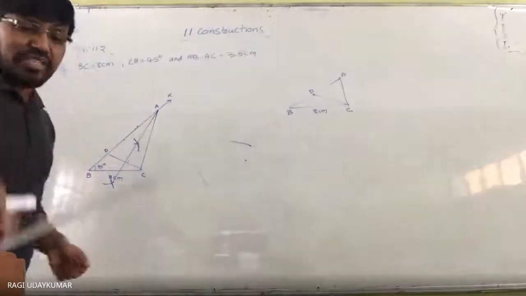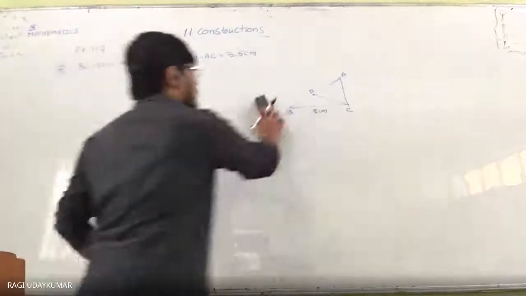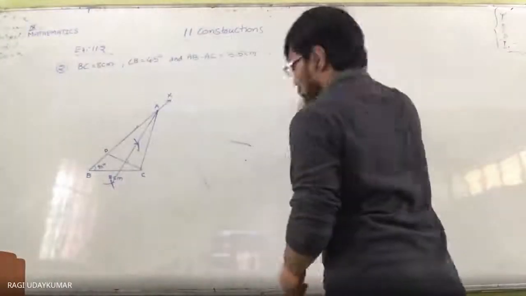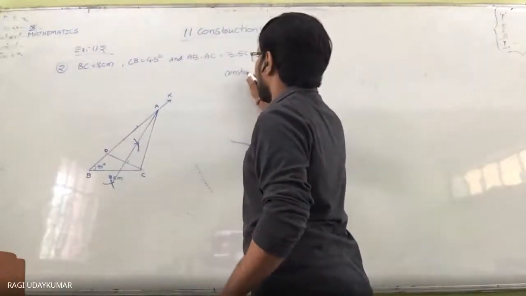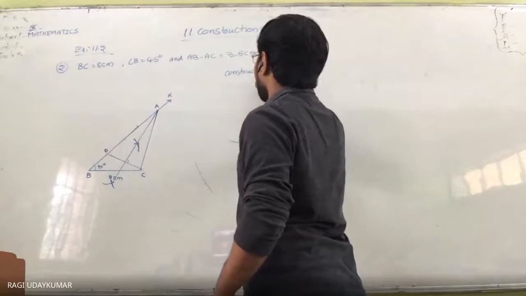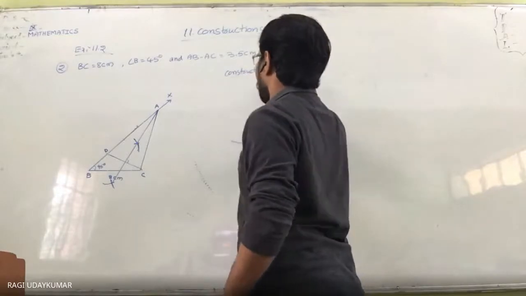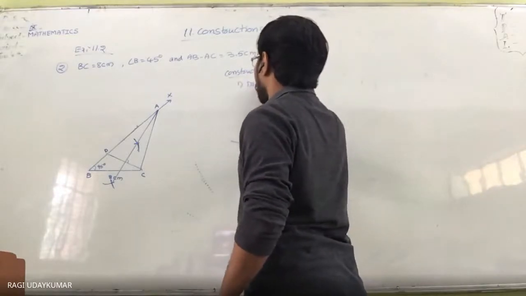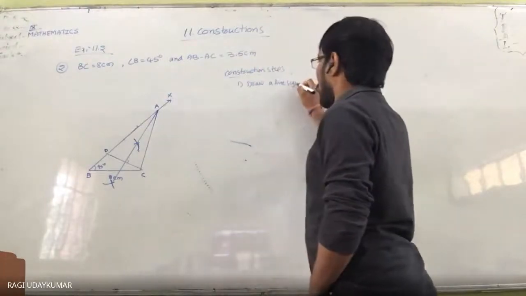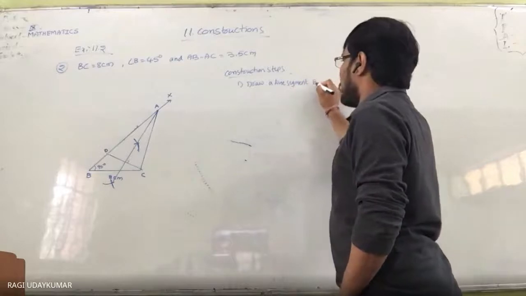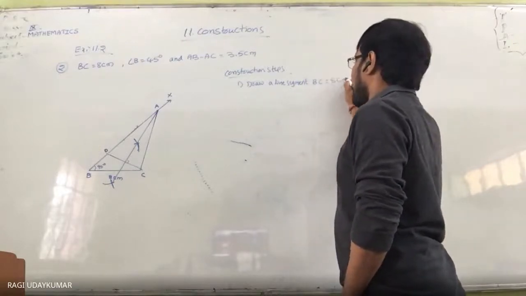And writing the construction steps is not very difficult for you. Construction steps. Draw a line segment BC equal to 8 centimeters.